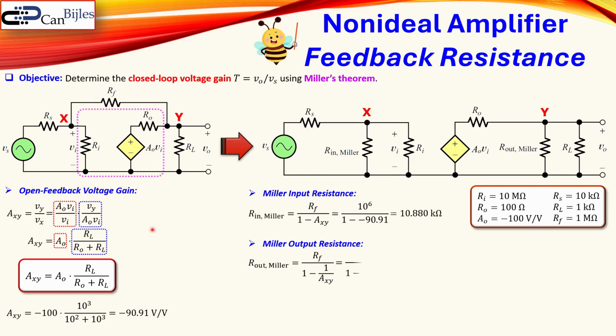And our R out Miller, again using this open feedback voltage gain, will be 989.12 kilo ohms. You see actually this R in Miller has reduced significantly from this 1 mega ohm to almost 10.9 kilo ohms. But the Miller output resistance is close to what we actually had before for RF.